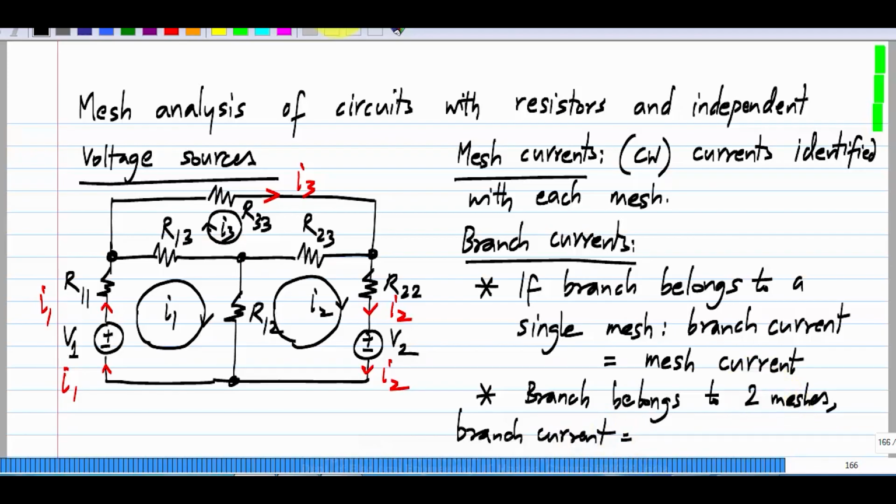Because you take all mesh currents to be in the clockwise direction, the branch current will be the algebraic sum of I1, which is flowing downwards in R12, and I2, which is flowing upwards. One of them will always be flowing in one direction, the other in the opposite direction. So the branch which belongs to two meshes will have its current be the difference between two mesh currents.